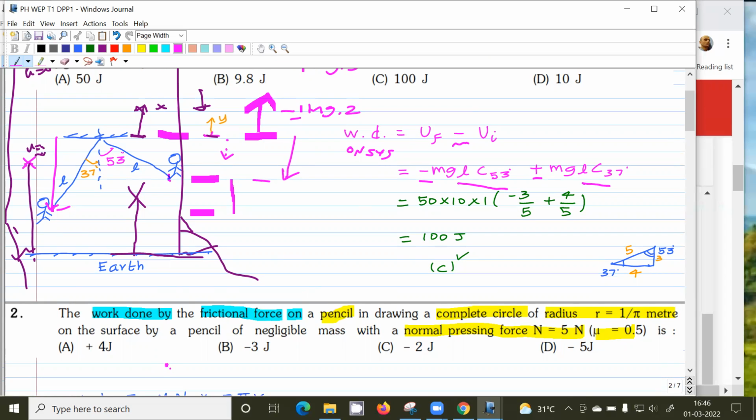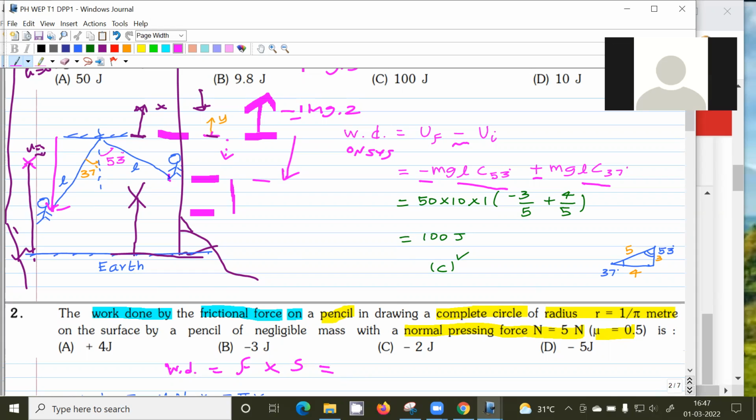Work done will be work done against friction, so the friction force into the distance. Is this clear? Got the answer? No, sir.